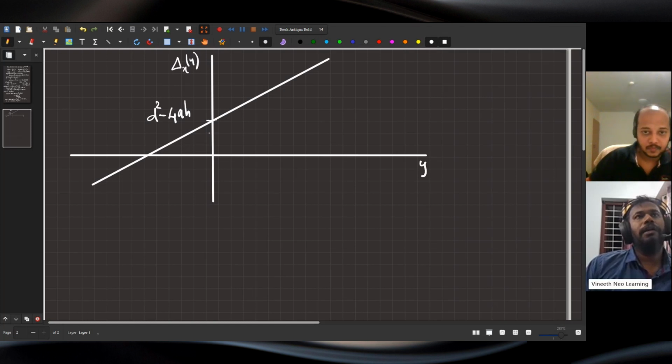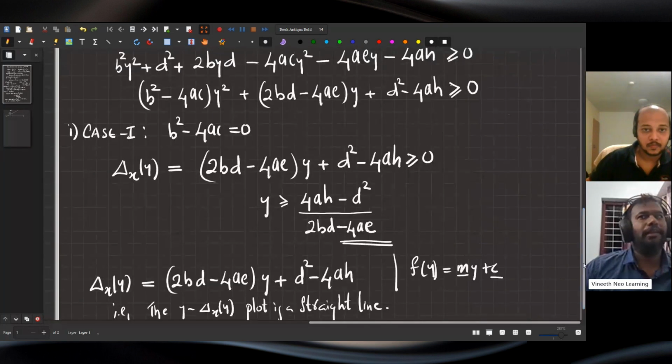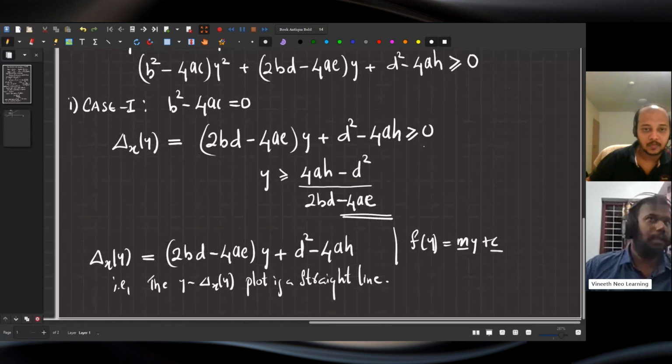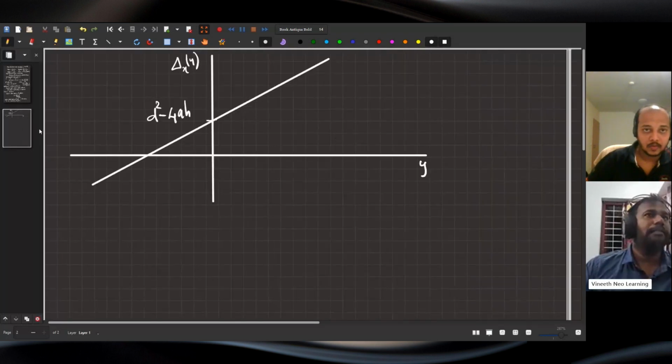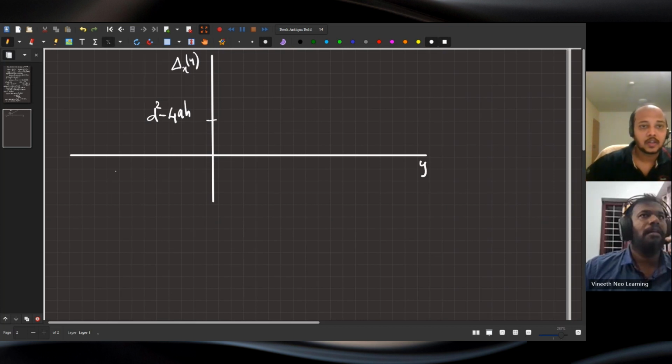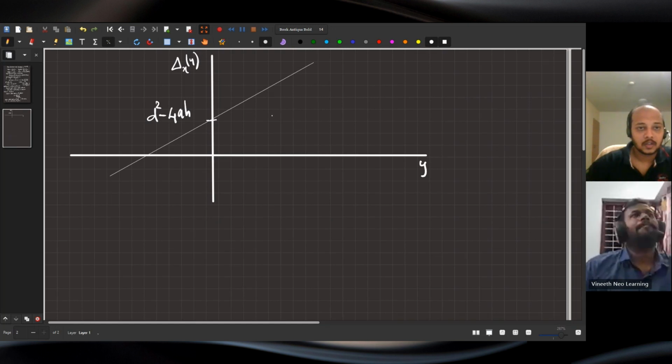By looking at the graph, can you say which region gives delta x of y greater than or equal to 0? That's the condition, correct? Which region of the graph will give us a non-negative value for delta x of y? The positive side, from this point onwards to the right.